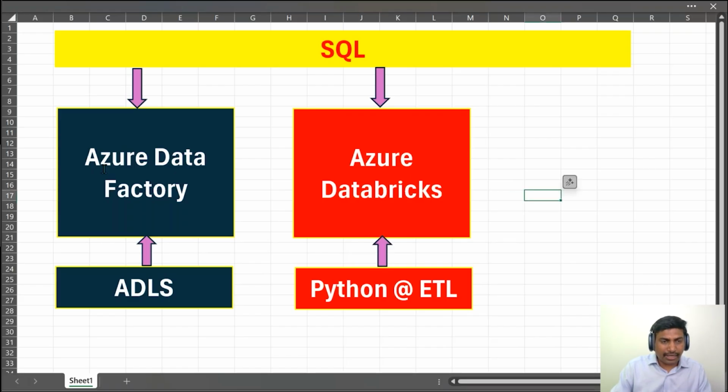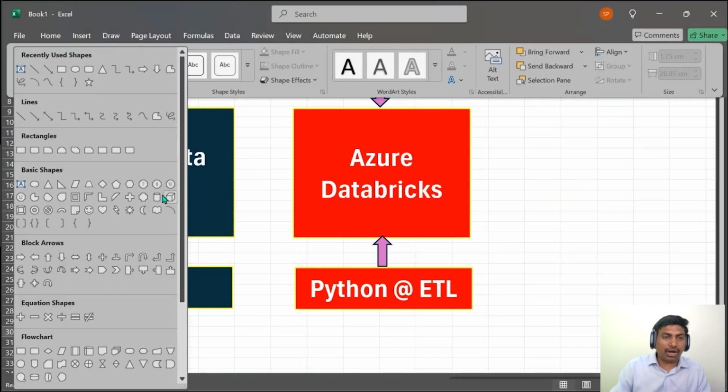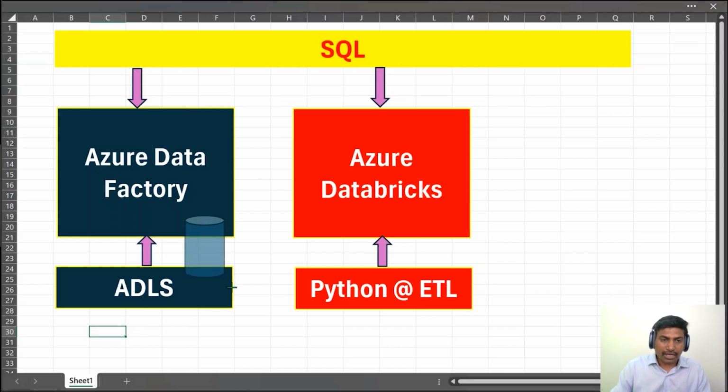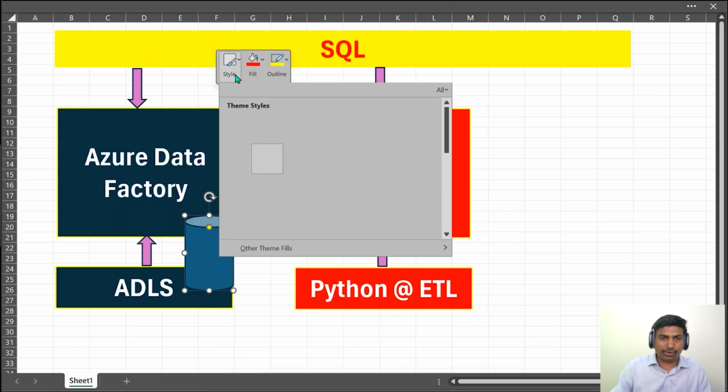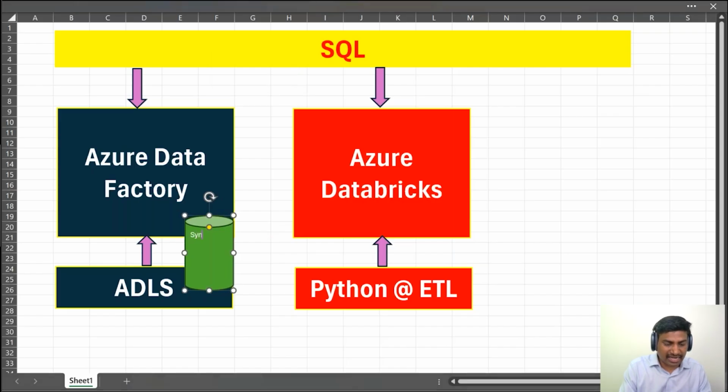Next, here we are going to have the warehouse operations. What is it? Something called warehouse operations. The warehouses will be built in the left side module by using something called Synapse. Remember, it is a warehouse environment.